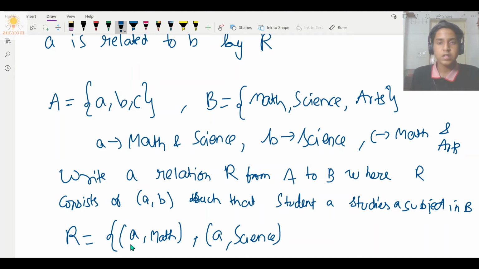Note that we are writing (A, math) and (A, science) because it was given in the question that we need to write only the ordered pairs where the student a studies a subject in B. So the student A studies math and the student A studies science. So we are writing these pairs particularly from the Cartesian product of A and B.